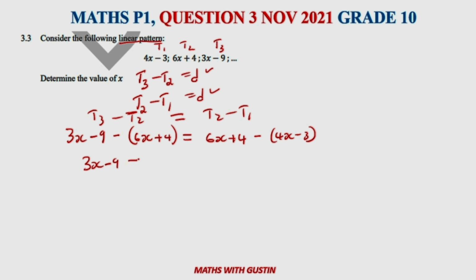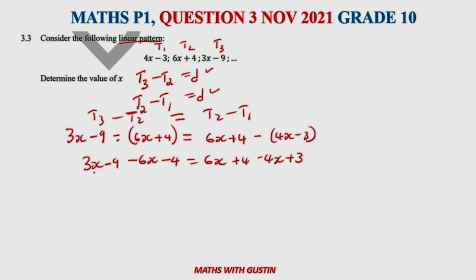Multiply throughout by negative. We're going to have negative x, negative 4 here, because of this negative there. It's going to equal 6x plus 4 minus 4x plus 3. Great stuff. So what is the best thing to do here right now? Simplify first.